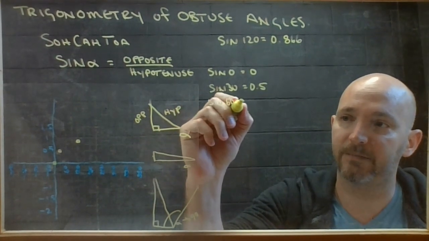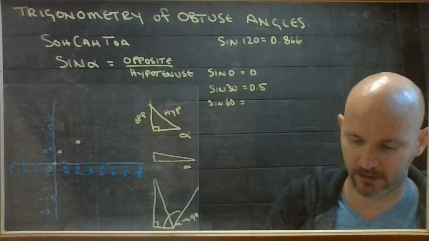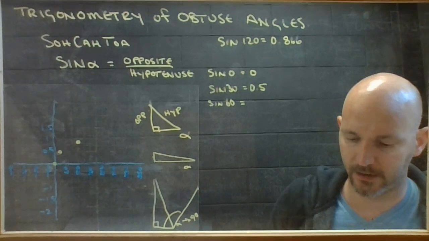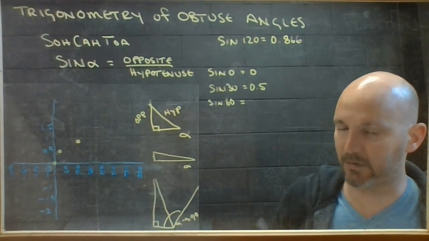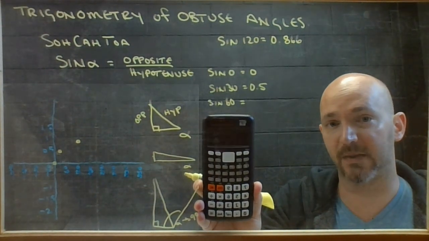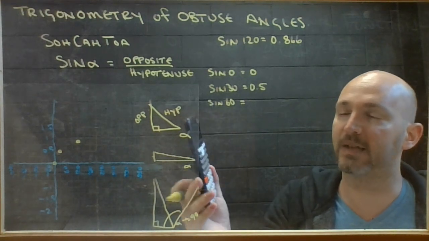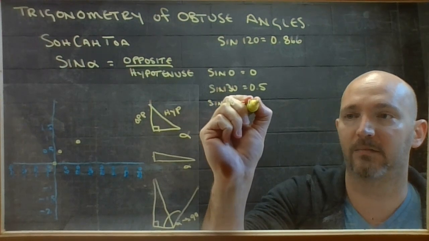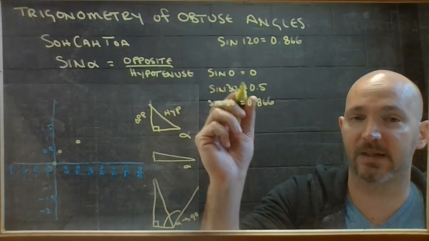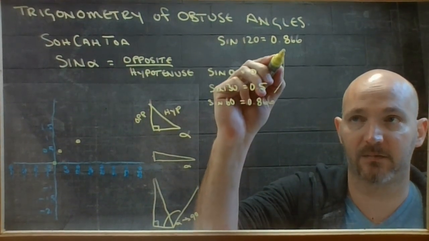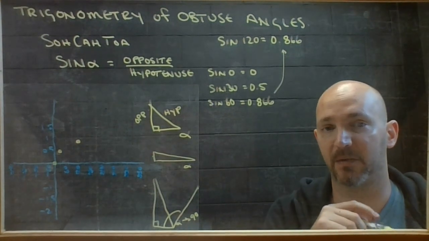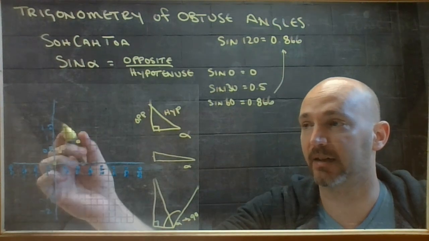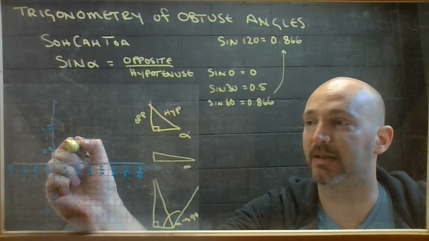Sine 60 gives me a horrendous decimal. I don't know if you can see the screen or not, but it says 0.866, which is interesting because we've already seen that number before. I'm just going to plot it in. 60 on the x, 0.866 on the y.